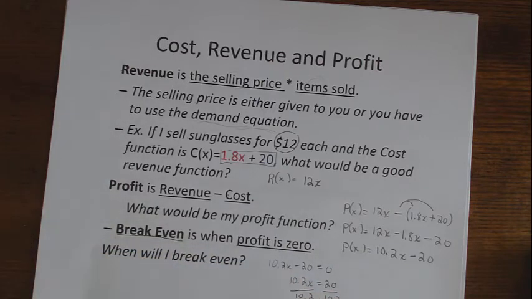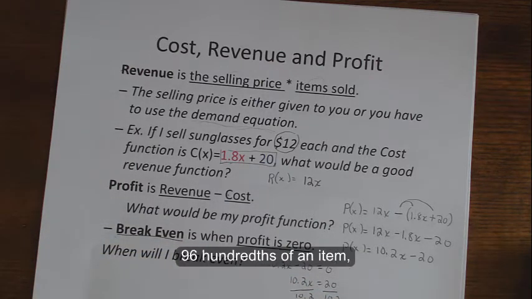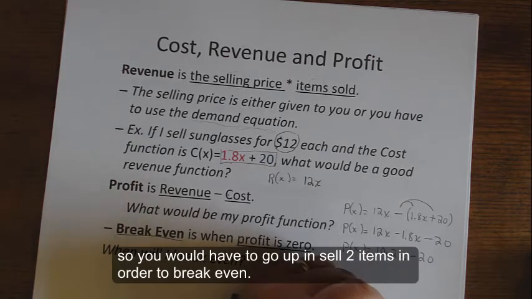Now you can't have 96 hundredths of an item, so you would have to go up and sell, all right, 2 items in order to break even.